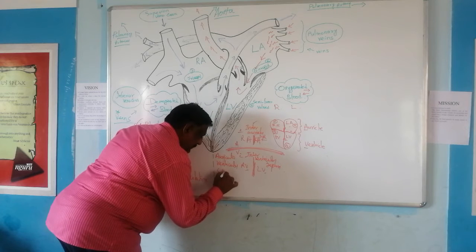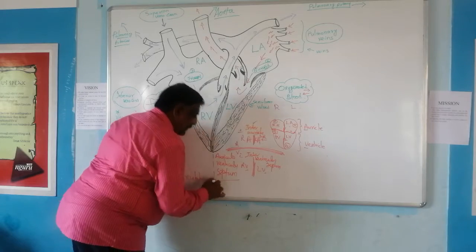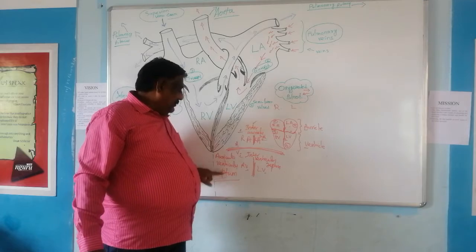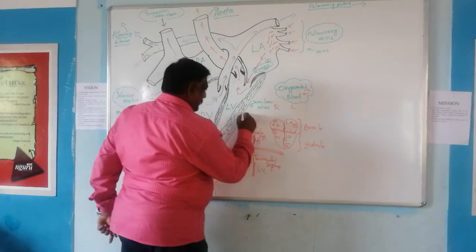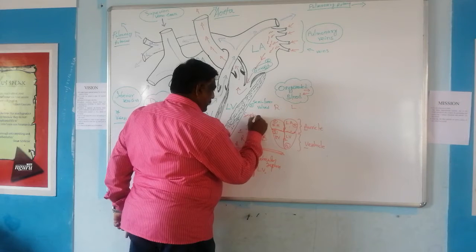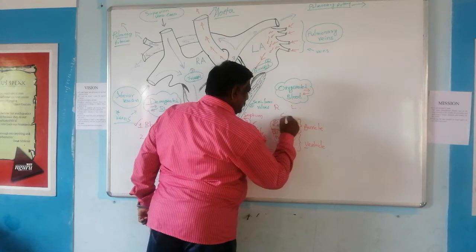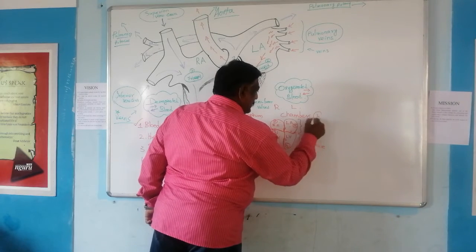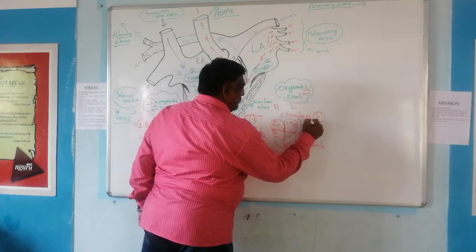So there are 3 septa. Chambers, how many chambers? 4 chambers. So septa are 3, chambers are 4.